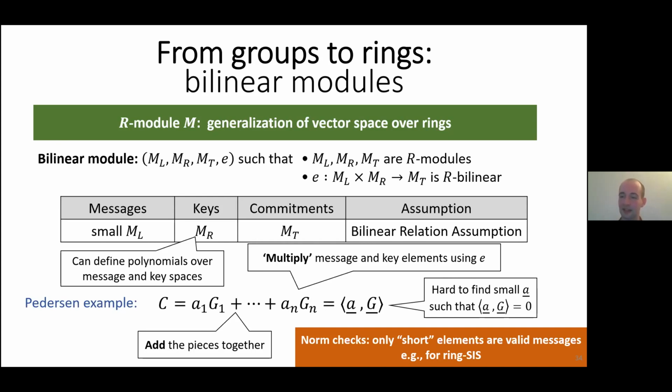For example, in a lattice setting, you can usually only use lattice commitments to commit to very small message elements. So in order to incorporate these requirements on the smallness of particular messages, we'll need to put some extra checks into a sumcheck argument for general Pedersen commitments over bilinear modules.